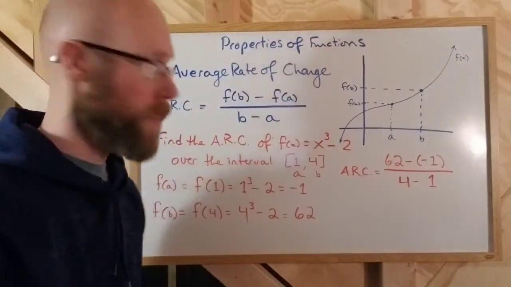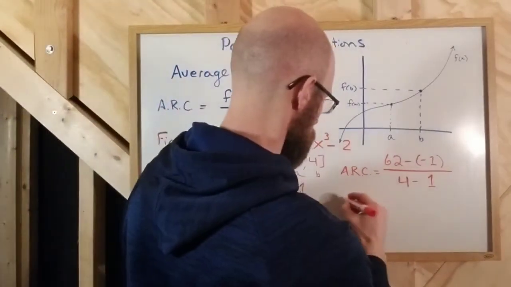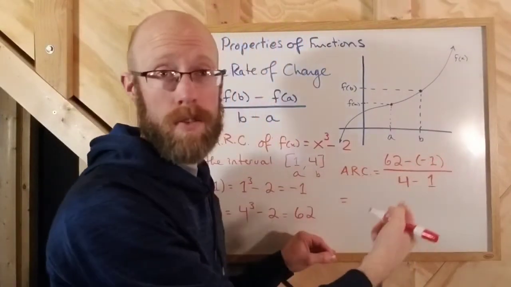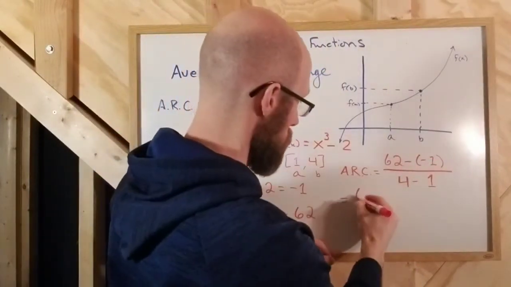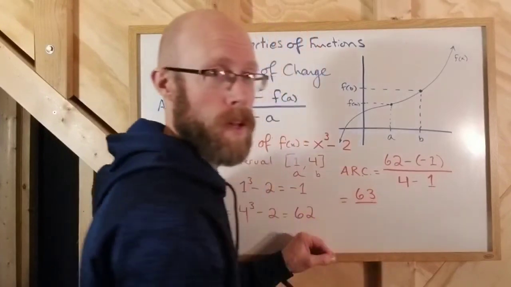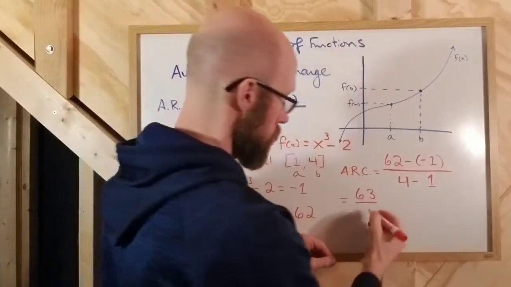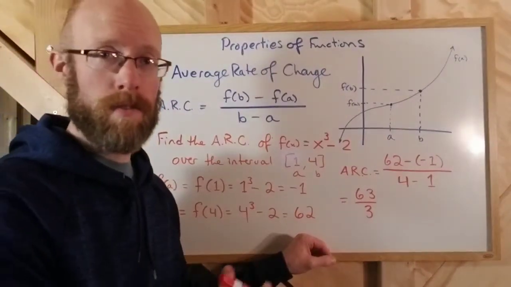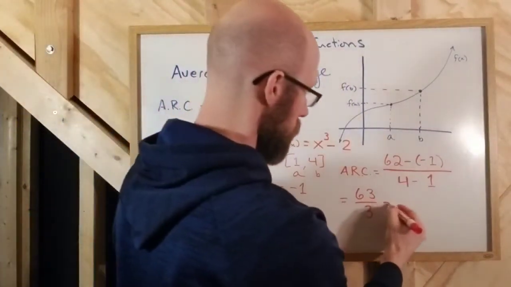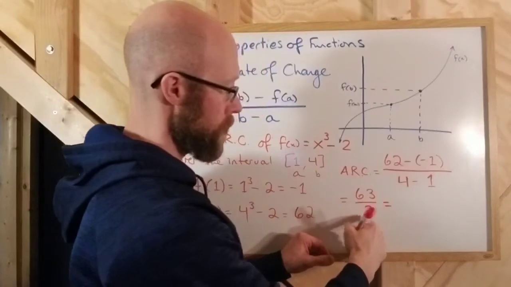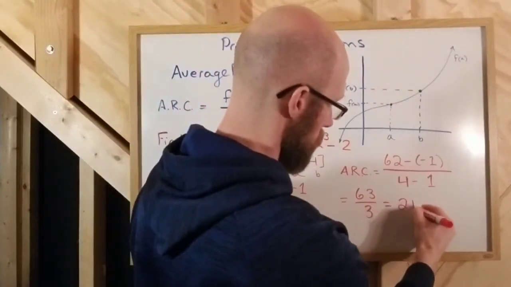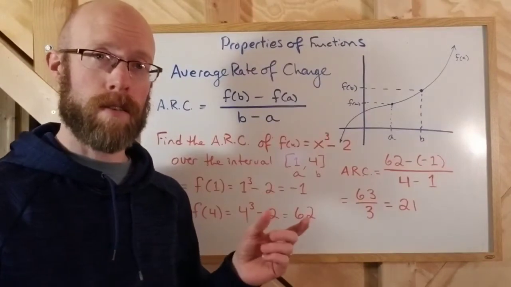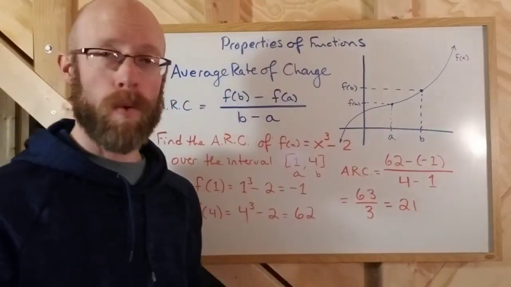Now I just simplify that. So that is going to equal 62, and a double negative here is plus, so that's 62 plus 1 is 63. And then 4 minus 1 is 3. This is going to work out nicely. I made that up on the fly. It's going to divide out nicely. 63 divided by 3 is 21. And so the average rate of change of that function over that 3-unit interval is 21.